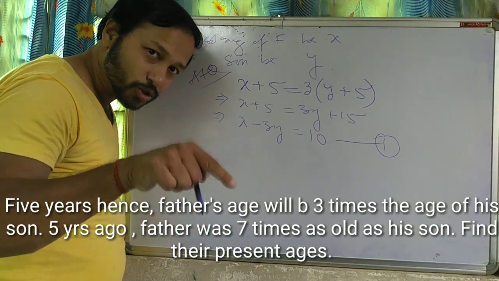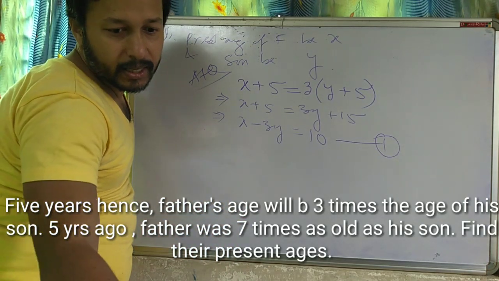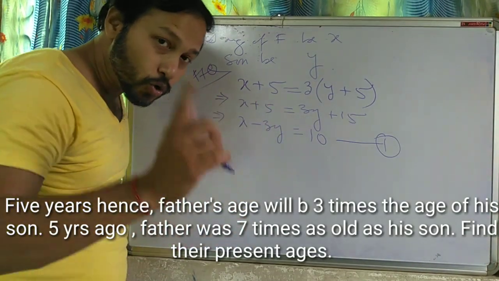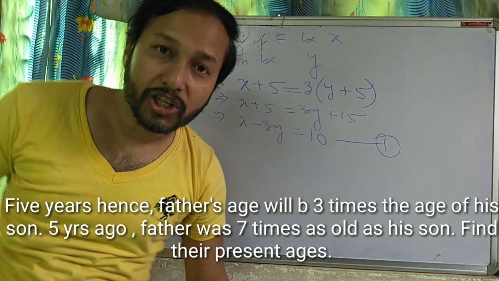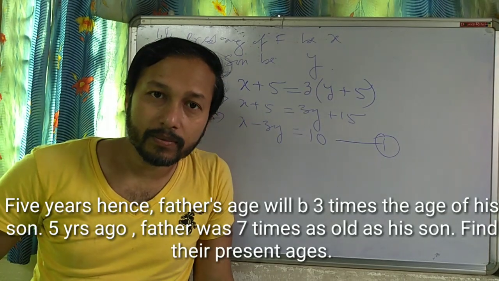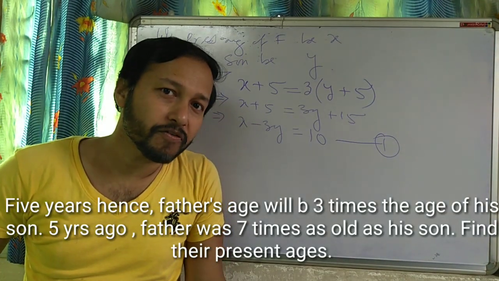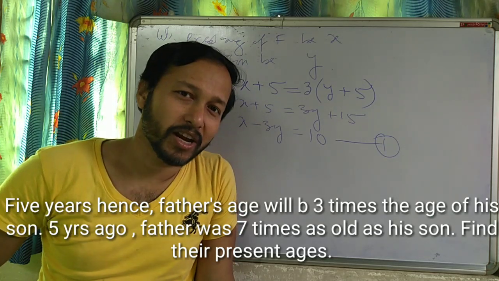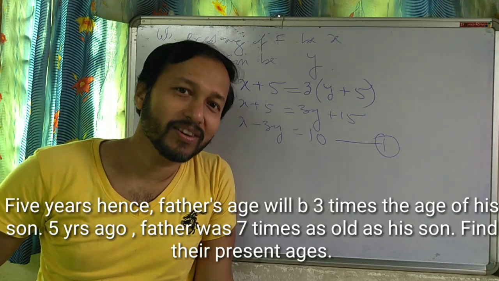Now the next line of this question. 5 years ago. So what I asked you that time, what is your age now? Say 16. What was your age 5 years ago? 5 years ago, that is minus 5. So 16 minus 5, 11.